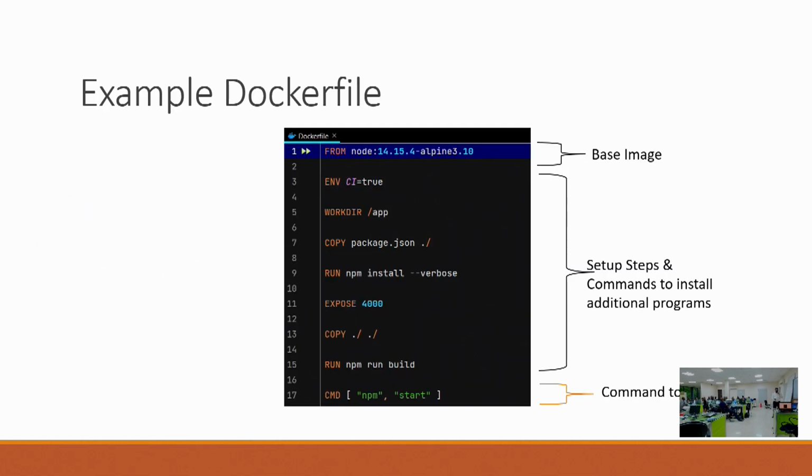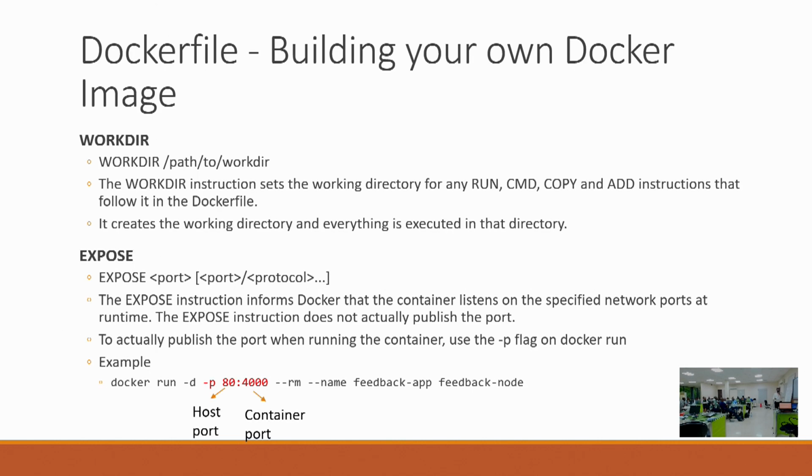In my application here, I'm exposing port 4000, meaning my application, my web server is listening on port 4000. I'm mapping port 4000 to port 80 on my local system.